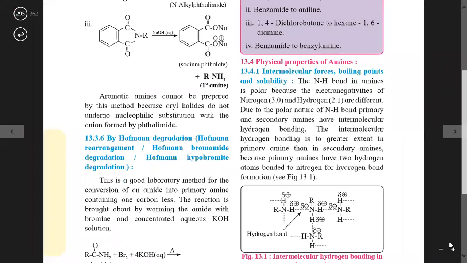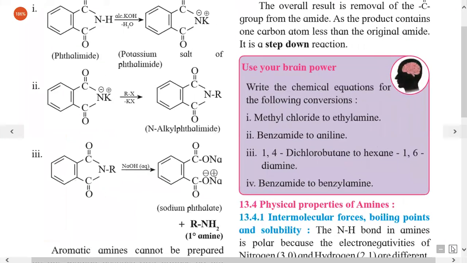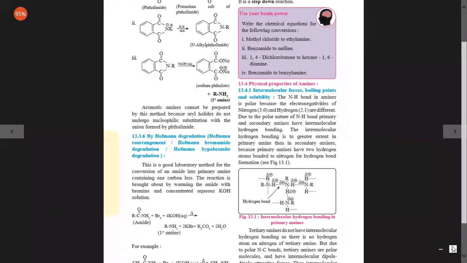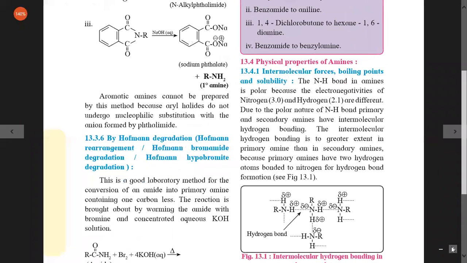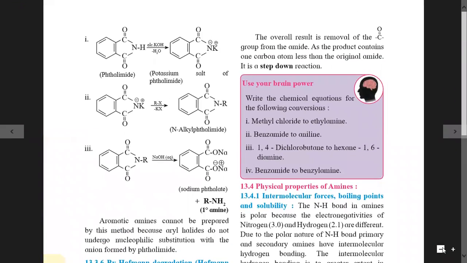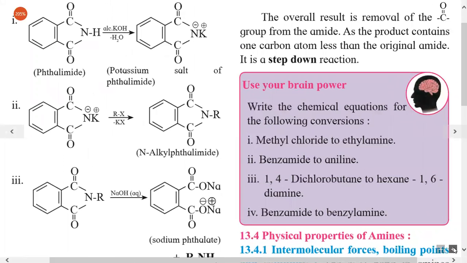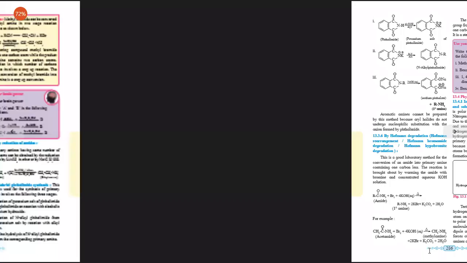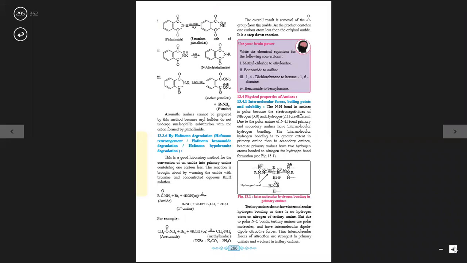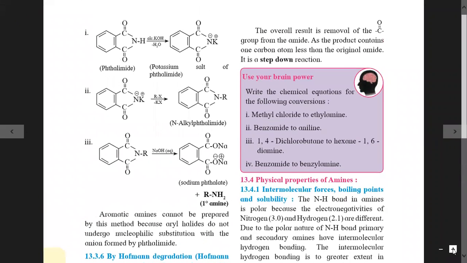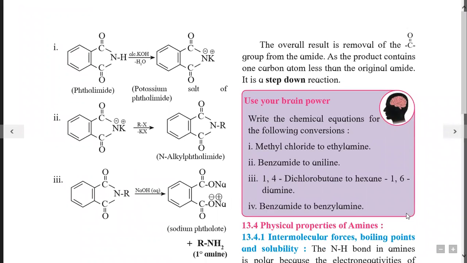Here, the first step: the formula of phthalimide is a benzene ring bonded with C double bond O, C double bond O, NH.